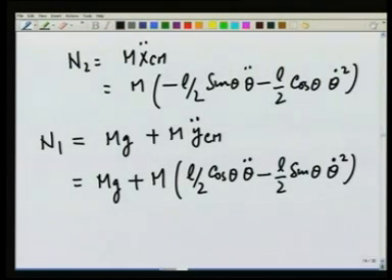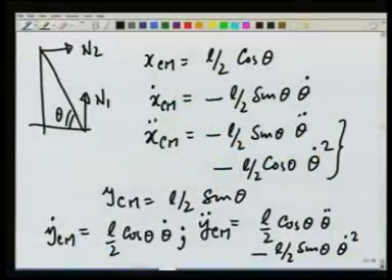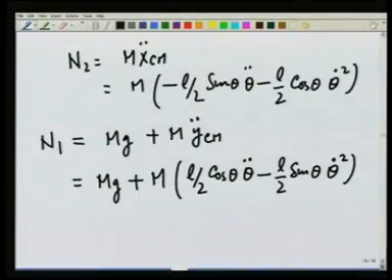Let us see if I substituted for y cm double dot correctly, and I did. So, these are equations that give me n1 and n2.